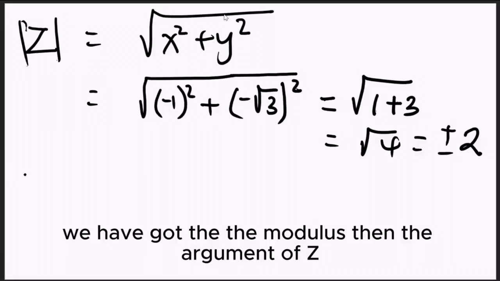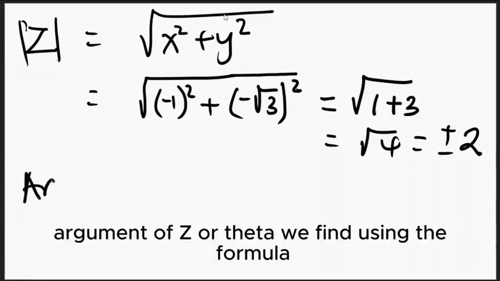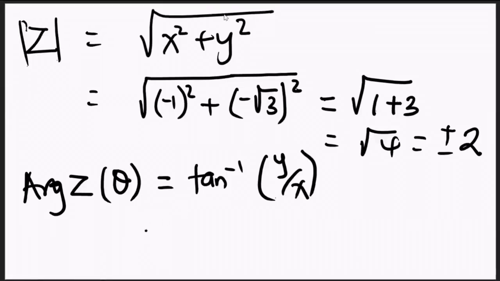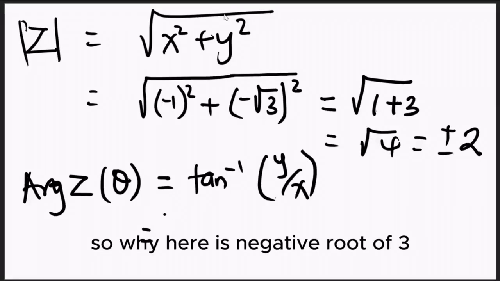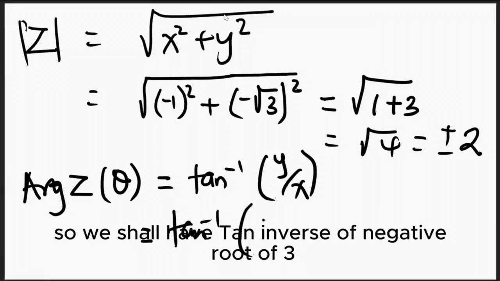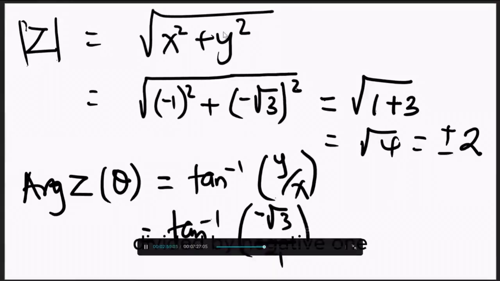Then the argument of Z, or theta, we find using the formula tan inverse of y over x. So y here is -root of 3, x is -1. So we shall have tan inverse of -root of 3 divided by -1.